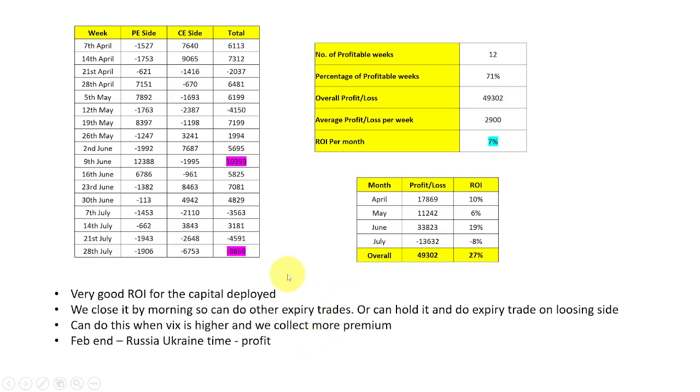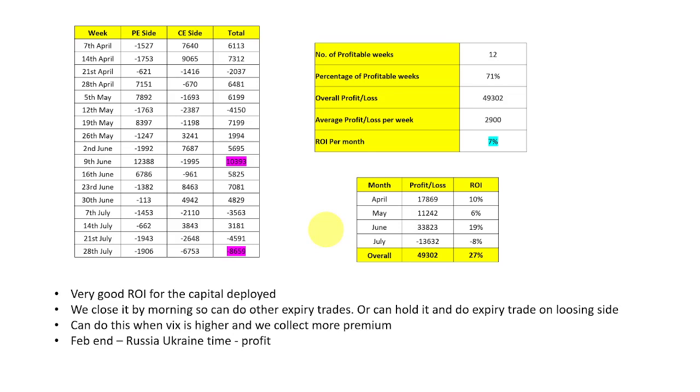Now to confirm this, I thought maybe if the market is going to fall very high, let's see what will happen to our portfolio, whether it will bleed so much or not. So I thought of February and the Russia-Ukraine time, which I'm taking as the benchmark for the worst case scenario in almost all the videos, because that is when the market moved so much.